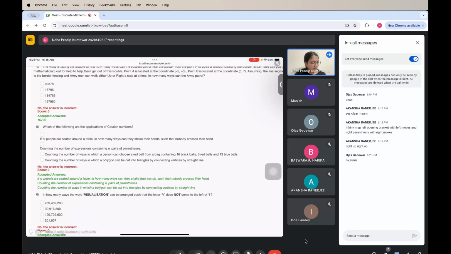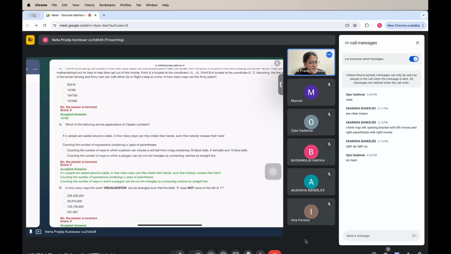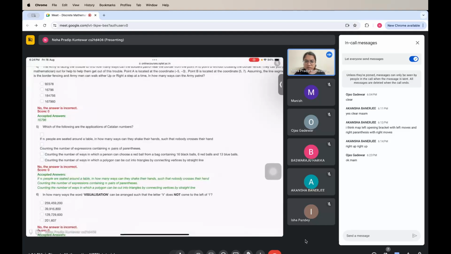So that is obviously not a Catalan number problem. But if there are any questions, or if you would want me to say more, then let me know.